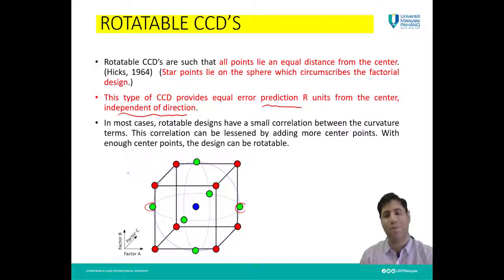It is an important property which in software usually will be helpful for us, and we need to take note of it. This is a guide for us on how to choose alpha, or the distance of this factor from the center. In most cases, rotatable designs have a small correlation between the curvature terms.